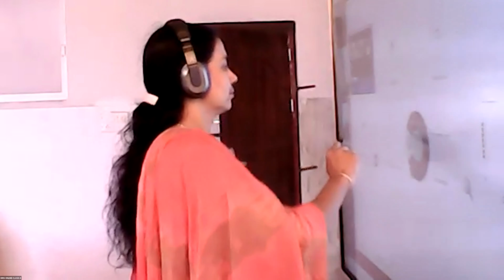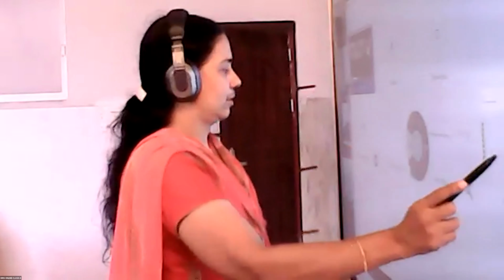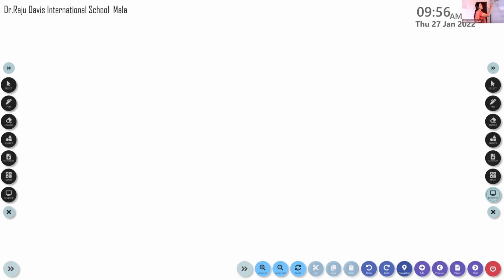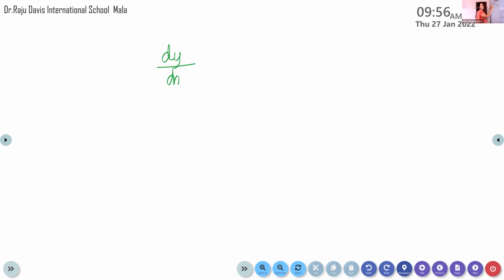In the last class, we discussed that the general form of a linear equation is dy by dx plus py is equal to q, where p and q are functions of x.